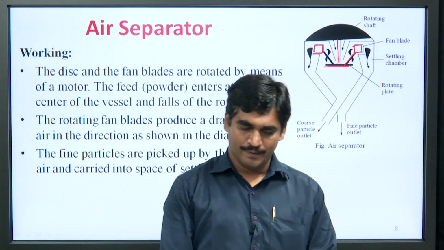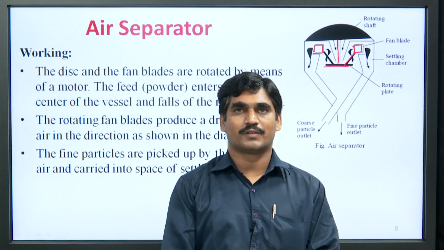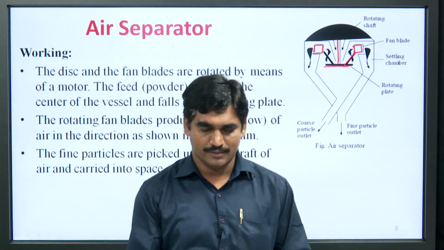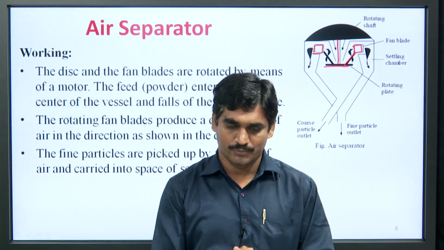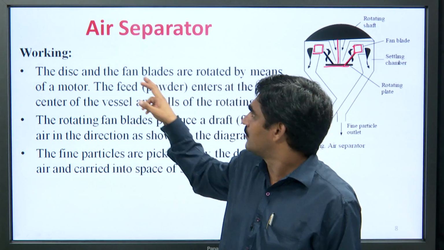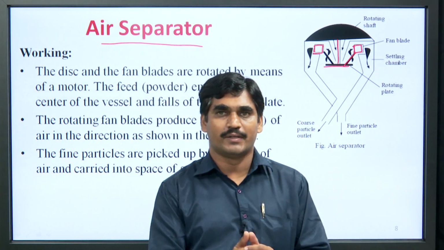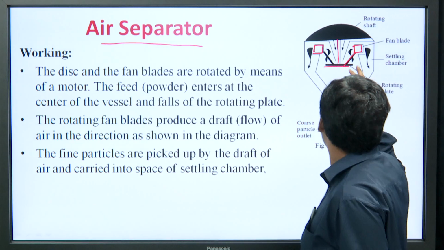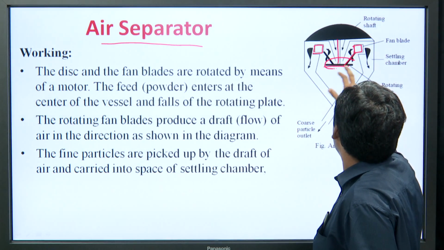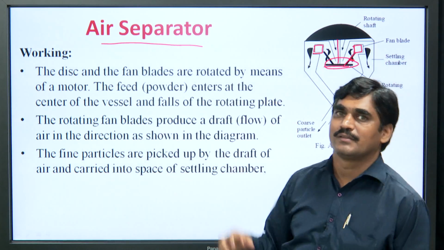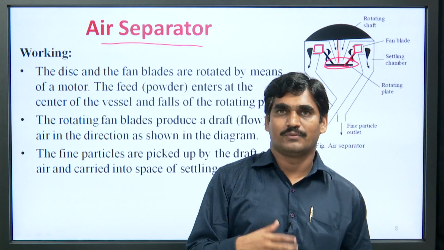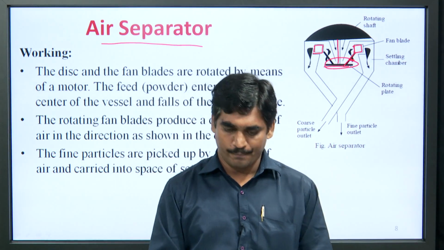Okay. Now we will go for the working of this air separator, how it works. The disc, or we can say the rotating plate, and the fan blades are rotated with the help of a motor.